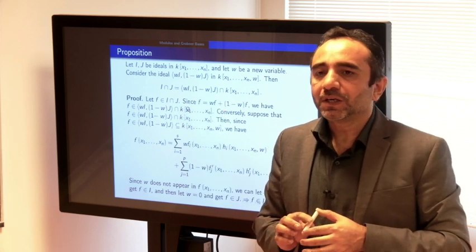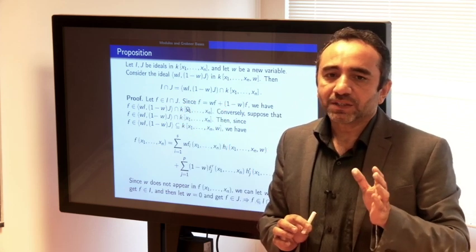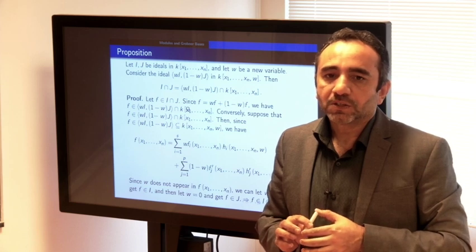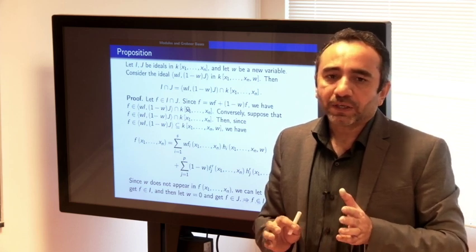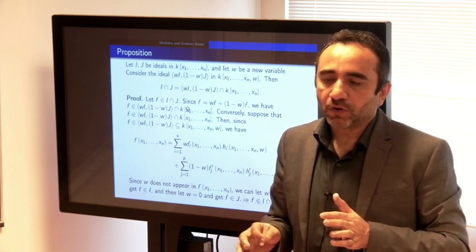And then the result states that I intersection J is nothing but the intersection of w times I and 1 minus w times J, with k of x1 up to xn.